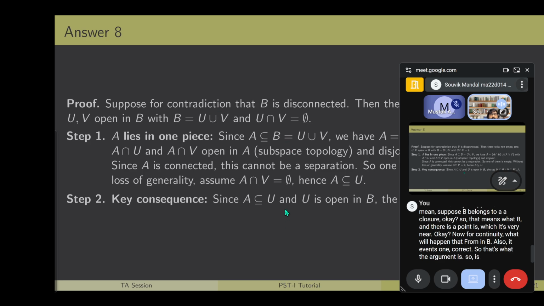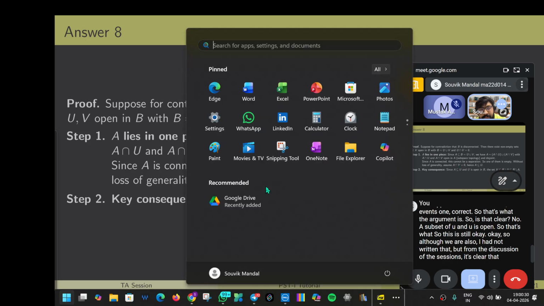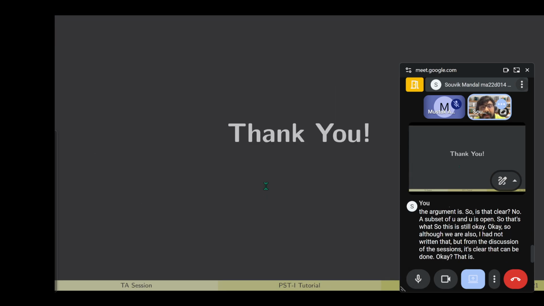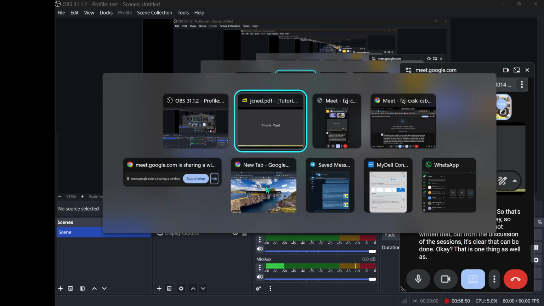Is that clear? Now, a subset of U and U is open. Although I had not written that, from the discussion of the sessions, it's clear that it can be done.